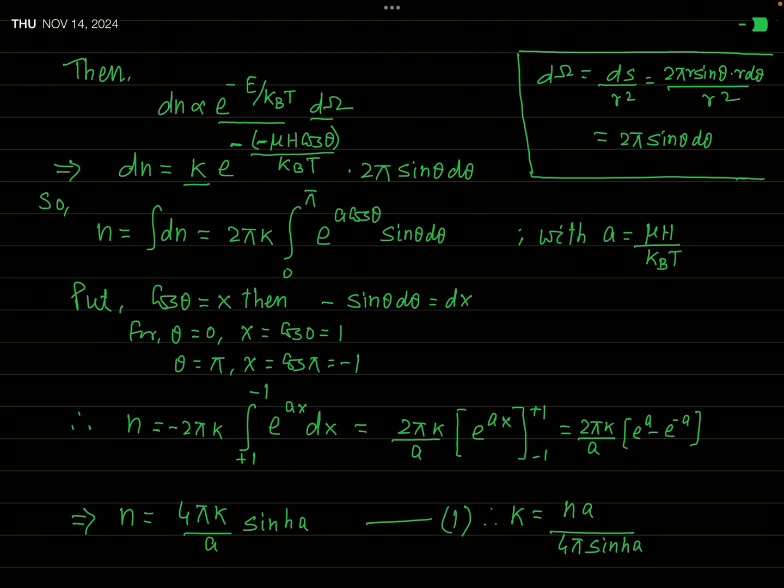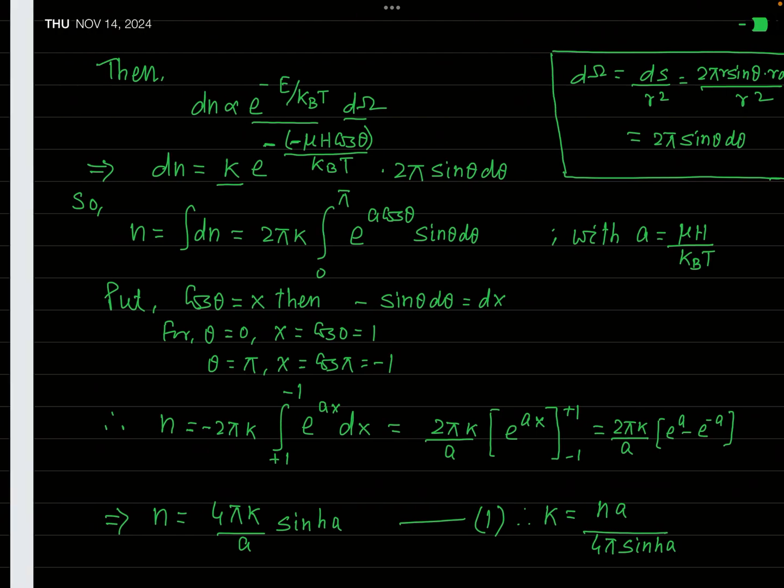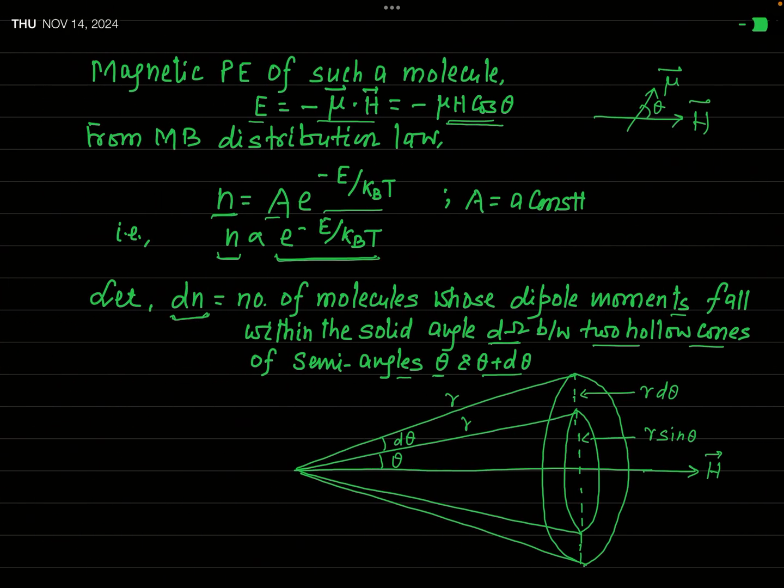Okay, and you know what will be this solid angle? You know how this solid angle will be defined. Actually, this is the annular region between the two hollow cones, and if here this d omega solid angle is formed, then d omega is equal to the area of that annular ring divided by r square.